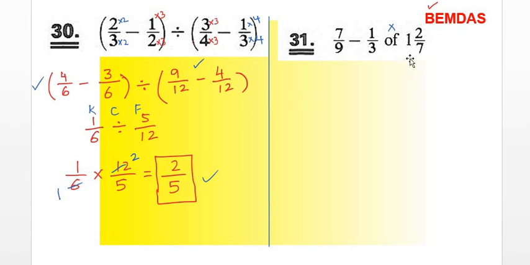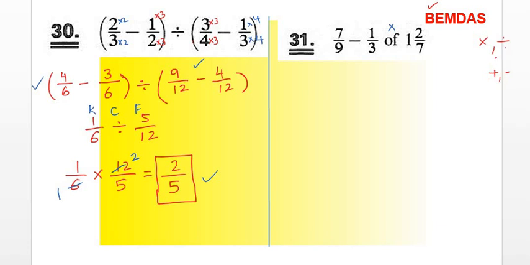Remember, when we say go from left to right, that means whenever you have multiplication and division together, then you have to go from left to right. Again, if you have addition and subtraction together, go from left to right.